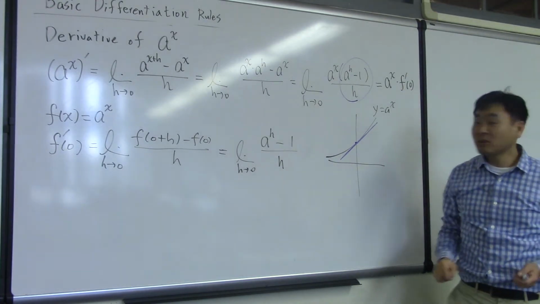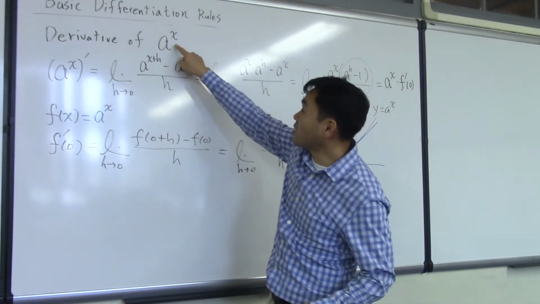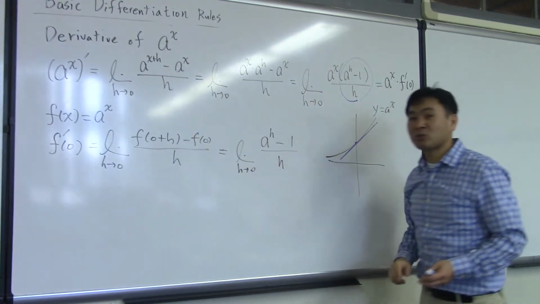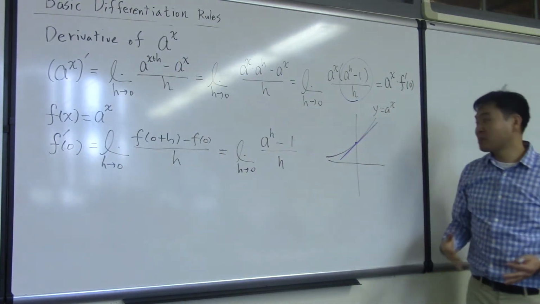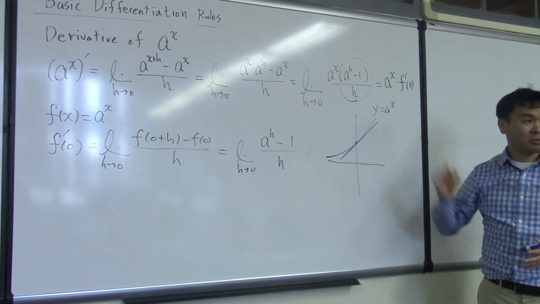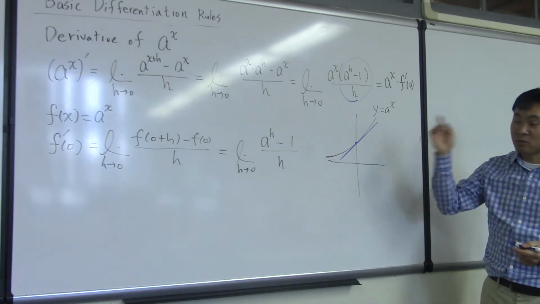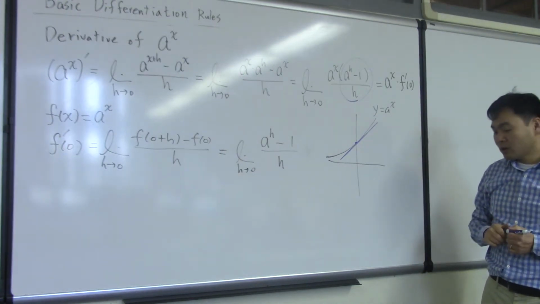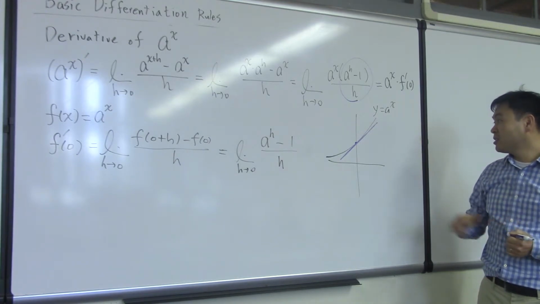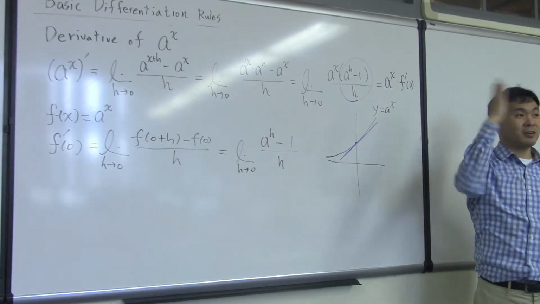But instead of obtaining this goal of finding the derivative of a to the x, we're going to settle for something less for now. And then in later lectures, I'm going to show you the actual derivative of a to the x. So the lesser result that we can get is, think about various values of a.